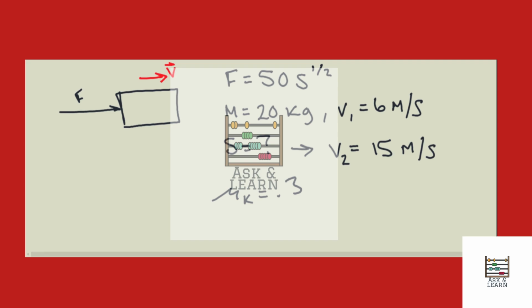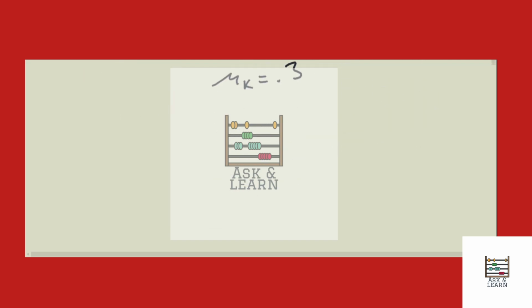Now, since we're dealing with a force and we want to find the distance, we can use work, because work is force times distance. But since we also have velocity, we have to take into account its kinetic energy, because kinetic energy deals with movement of an object. So we can use the work energy principle, which is the initial kinetic energy plus the work being done is equal to the final kinetic energy.